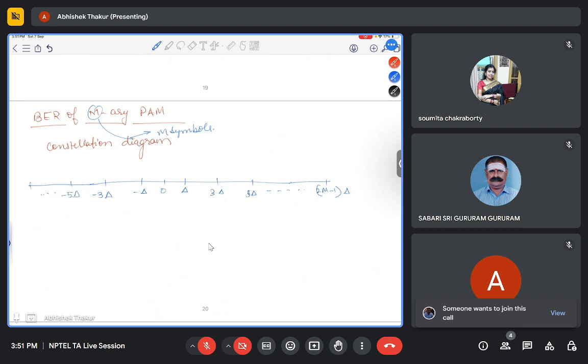The last will be minus (2M minus 1) delta. So we can represent each symbol as plus or minus (2i plus 1) delta, where i is from 0 to M minus 1.